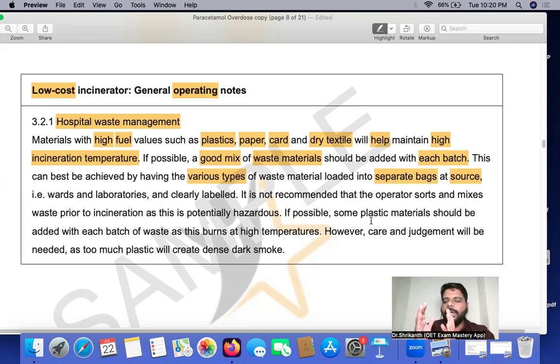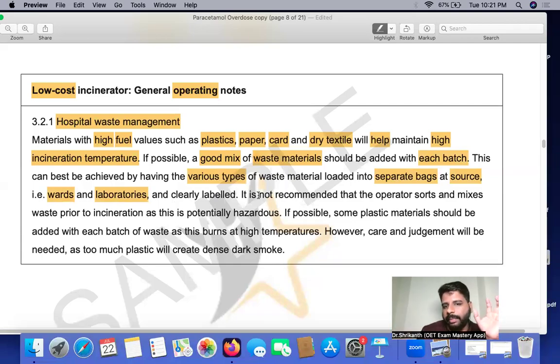Don't put everything inside the same bag. That way, whenever you put each batch into it, that batch burns very nicely. For example, wards and laboratories. These are the sources. So from hospital wards and hospital laboratories, you have to collect the waste in separate bags.